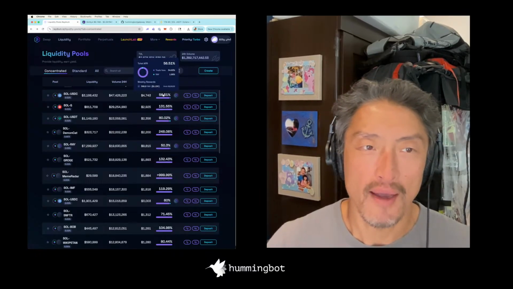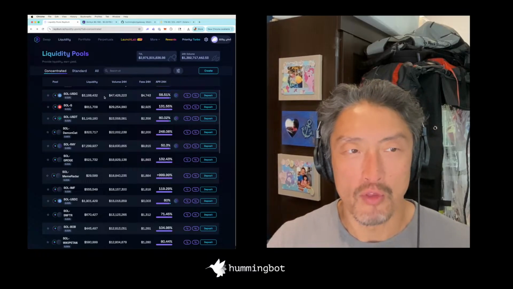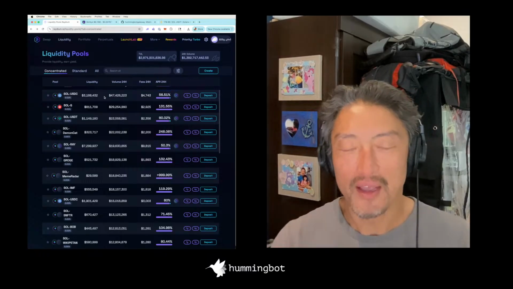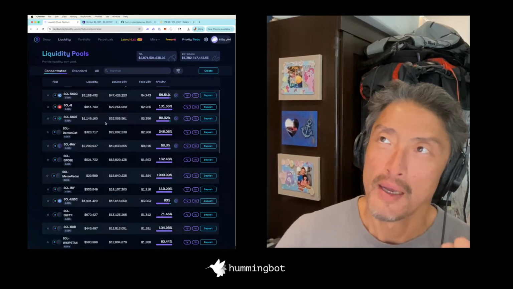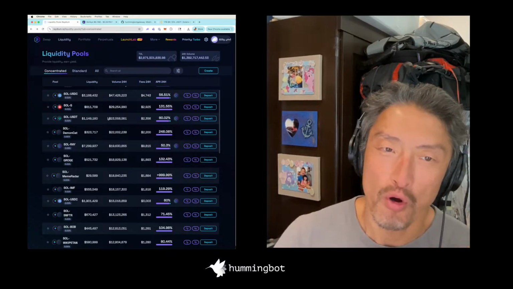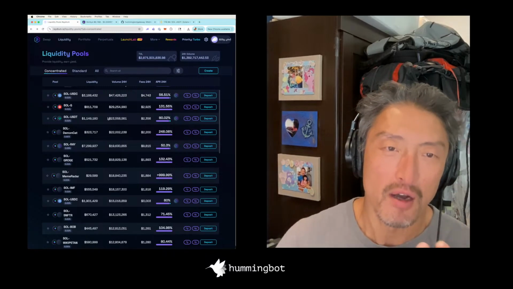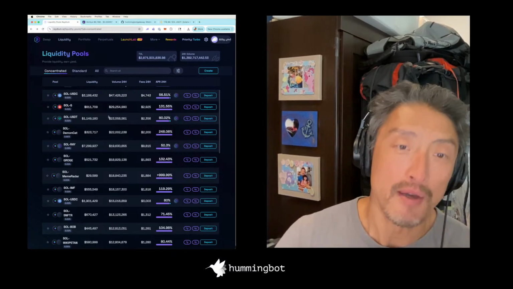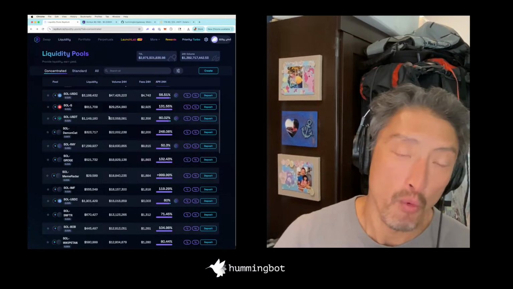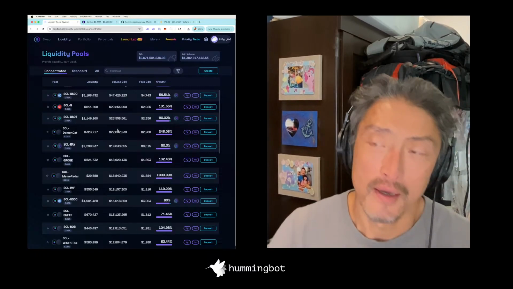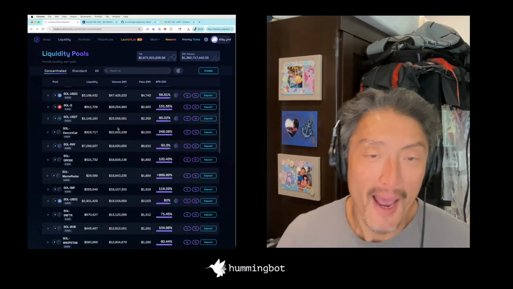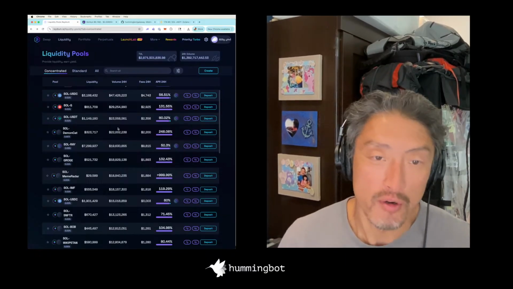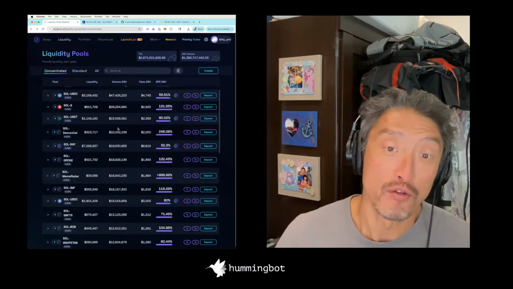To me, this is a different game than trading on centralized exchanges. Number one, it's more dependent on you keeping everything safe. You have to have very good operational security around how you do it, because if you get hacked or if you lose your private key, then you basically lose your funds.